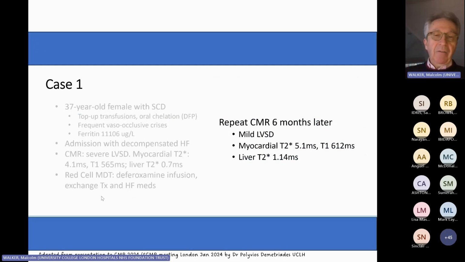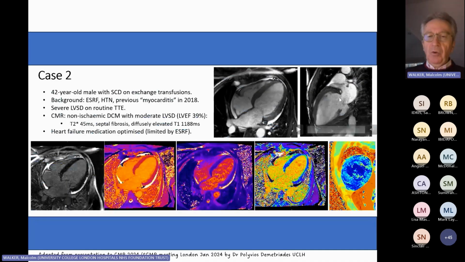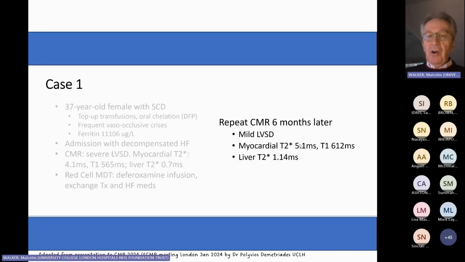She was able to get out of hospital, and repeat MRI 6 months later showed her left ventricular dysfunction had gone from severe to mild, with an ejection fraction from memory of about 38 to 40%. And the T2 star has gone from 4 to 5, so a significant increase, and an increase in T1 as well, and an increase in the liver T2 star.